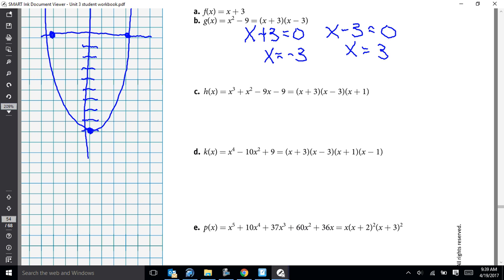We know that as we're going from left to right, our end behavior, our left is going to negative infinity, our right is going to positive infinity. What's our y-intercept for this one? What's our 0, our y-intercept? So our y-intercept is -9.